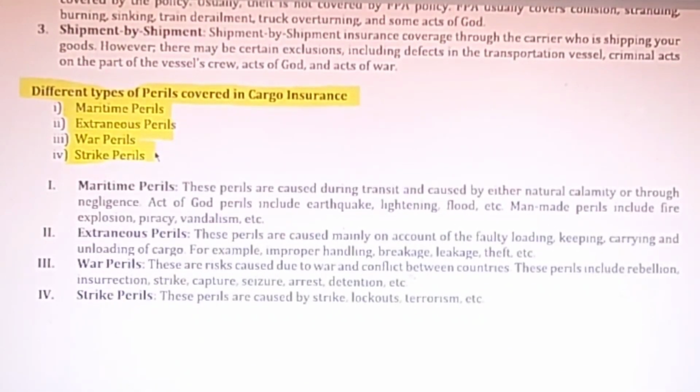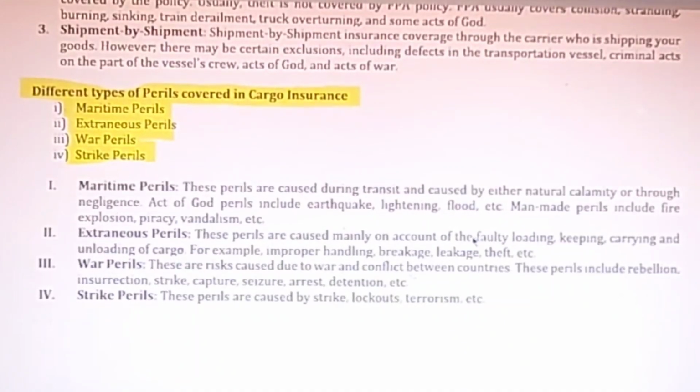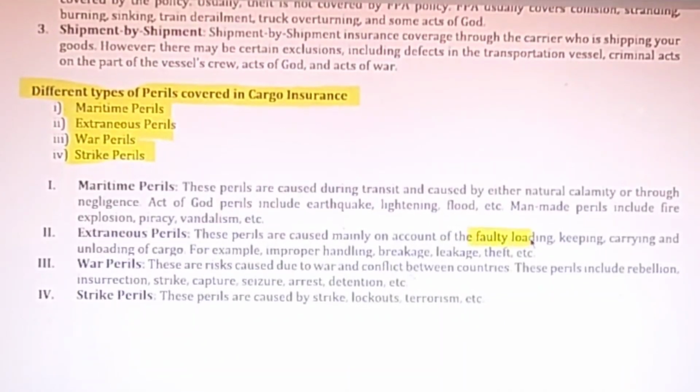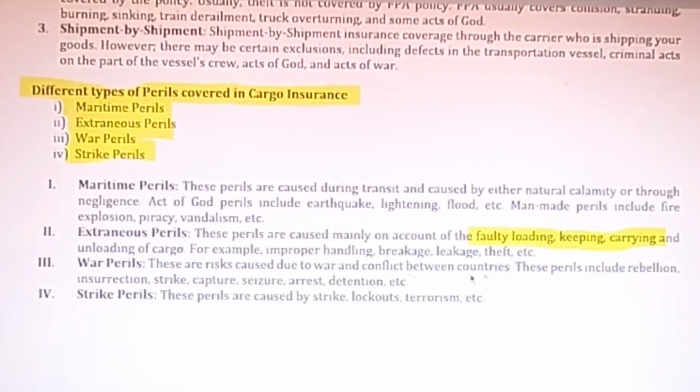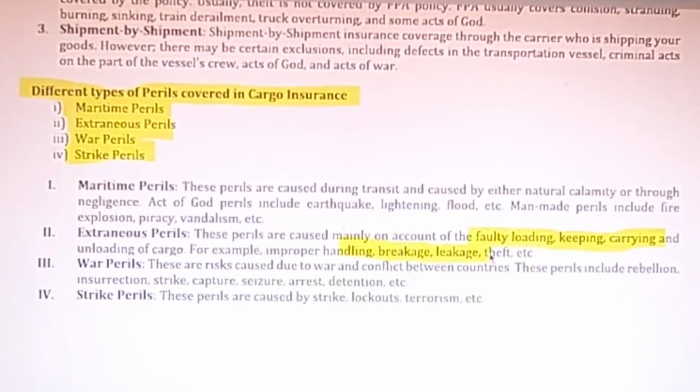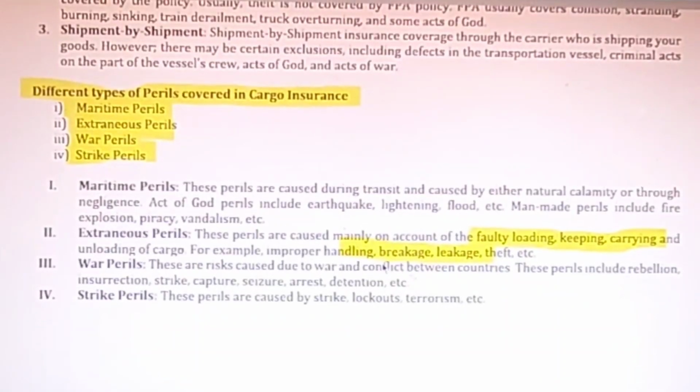Extraneous refers to manual faults, like faults during loading, or some leakage, breakage, or theft of cargo. War, whenever two countries are at war, so there arises the risk. So like this you can explain.